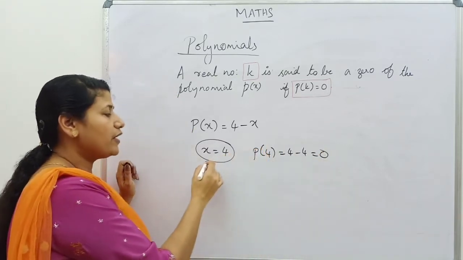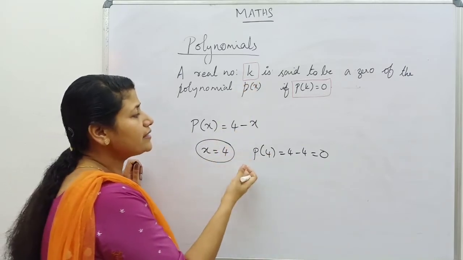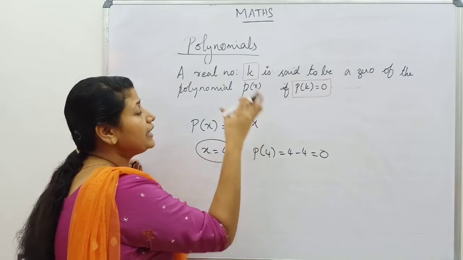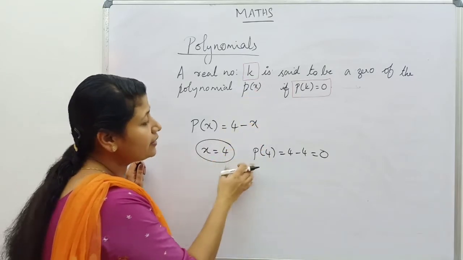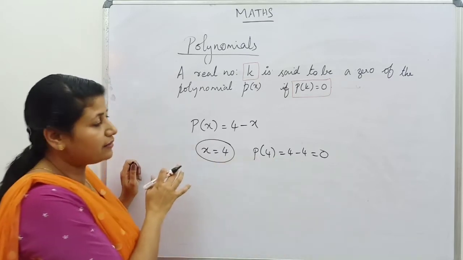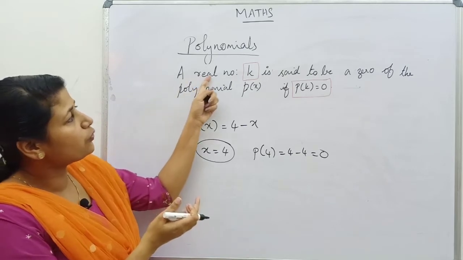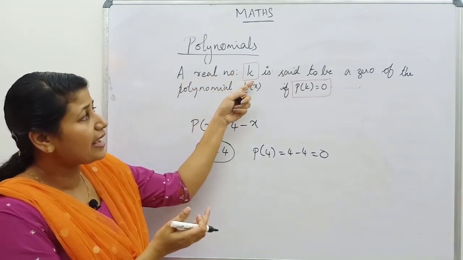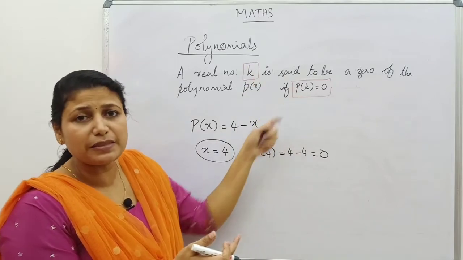Got it? Whenever a real number k, here it is 4, is said to be a 0 of this particular polynomial, then p of 4 equals 4 minus 4, which is equal to 0. So in other words, if you have a real number k, and if p of k equals 0, then k is a 0 of this polynomial.